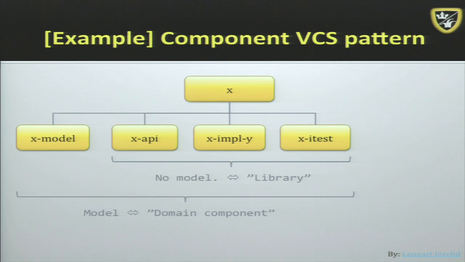So a component in this case, cache, for instance, would hide itself below a directory called cache, and then would have a slush of projects, each of which would play its particular part to build up this software component.